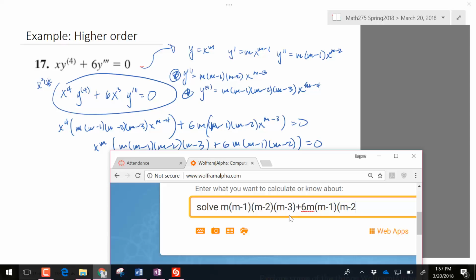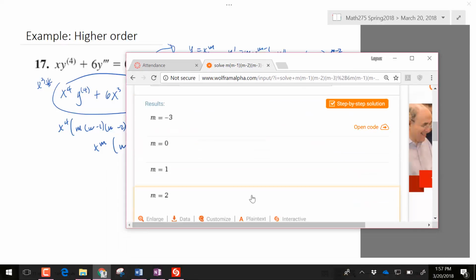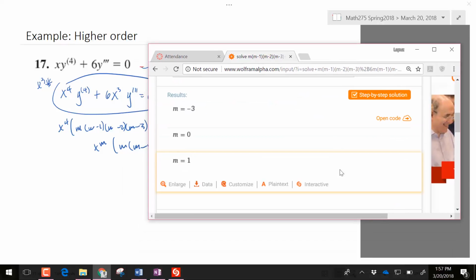I think that's it, right? Set that equal to 0. Should be smart enough to figure out that I'm solving for m. And we have 1, 2, 3, 4 distinct solutions. This is a fourth order, right? Fourth order. 1, 2, 3, 4. Well, I wanted at least one to be complex and stuff, but I guess we'll go with this.